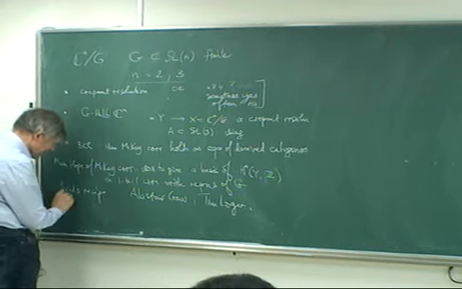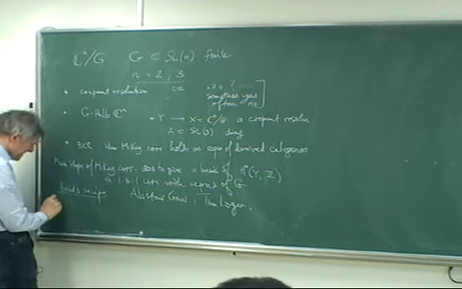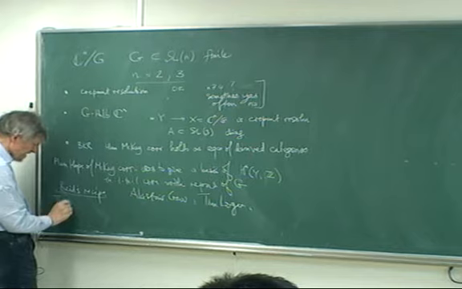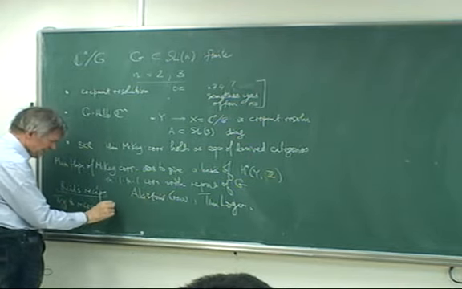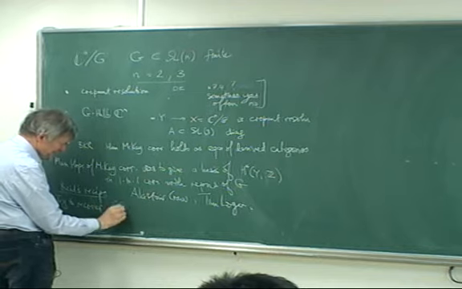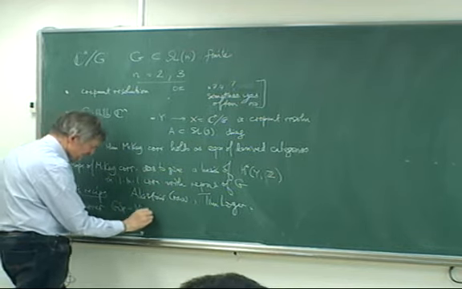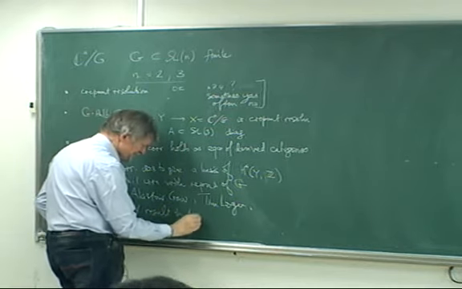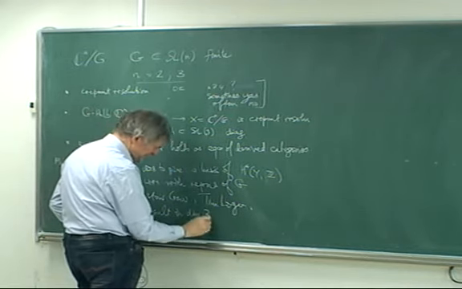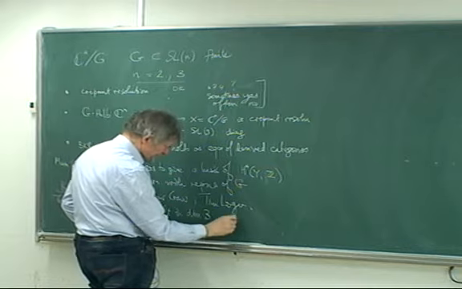This is basically trying to recover the Gonzalez-Sprinberg–Verdier result in dimension 3, especially 3, but greater than 2.